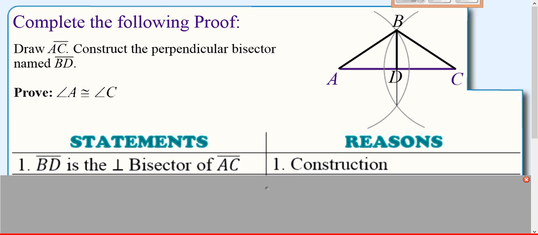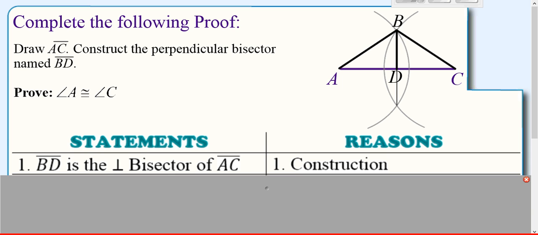So we're going to take that construction we just did, construct the perpendicular bisector. When you've got the construction, we know BD is the perpendicular bisector because we made it that way. You know things that you create that way. So BD is a perpendicular bisector.